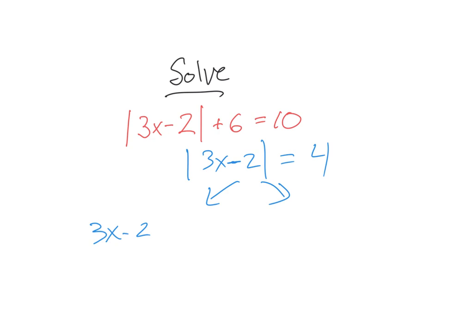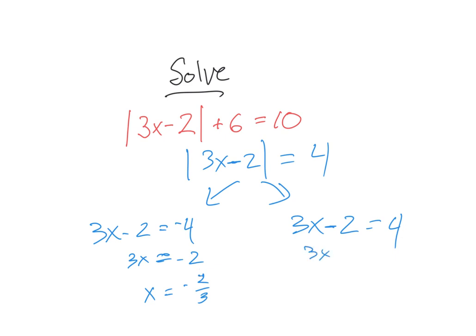3x minus 2, when does that equal negative 4? When does 3x minus 2 equal 4? That would be 3x equaling negative 2, because I added 2, so x equals negative 2/3. Over here, 3x equals 6, because I added 2, so x would equal 2.